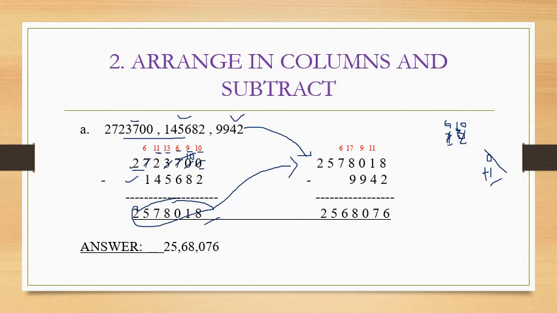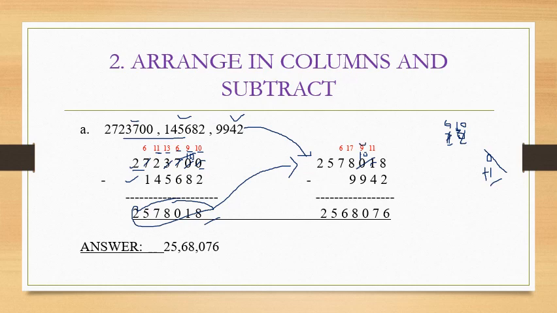8 minus 2, 6. Again here it is not possible to subtract 4 from 1, so this 1 will take 1 borrow from here. So this is 10, and when 10 gives 1 here, it will become 9.